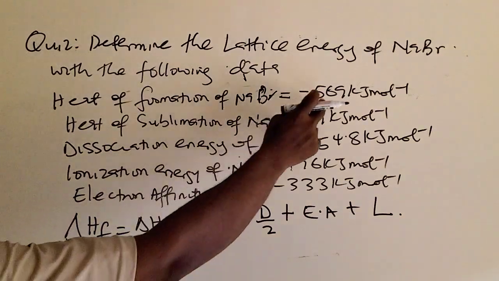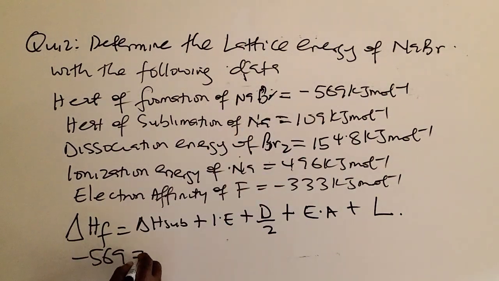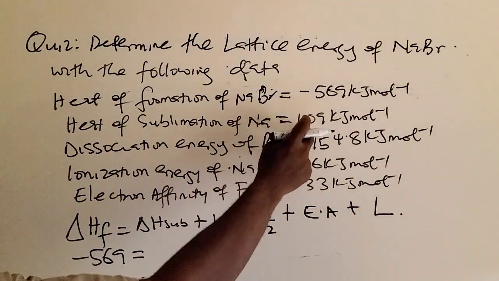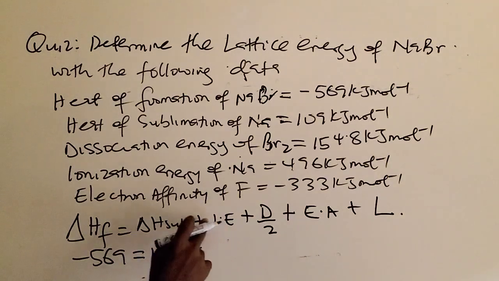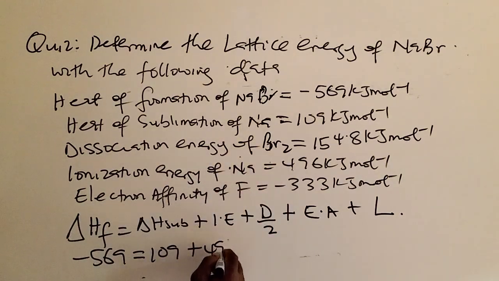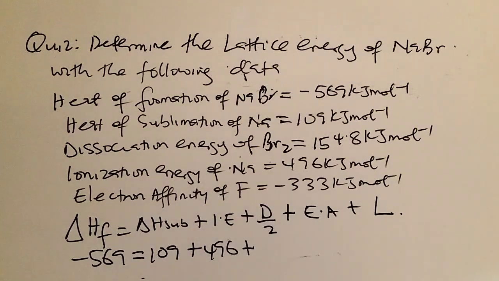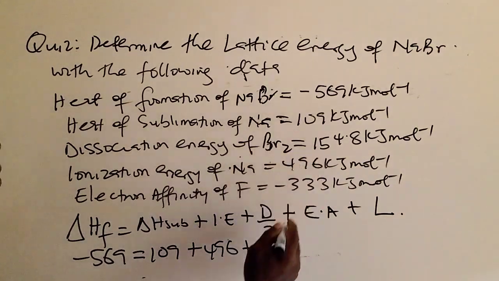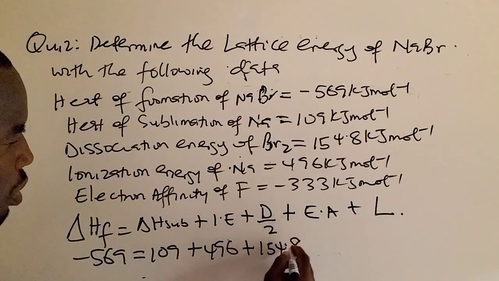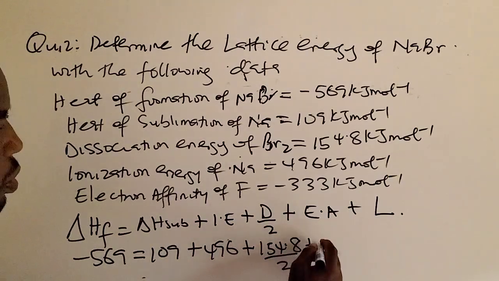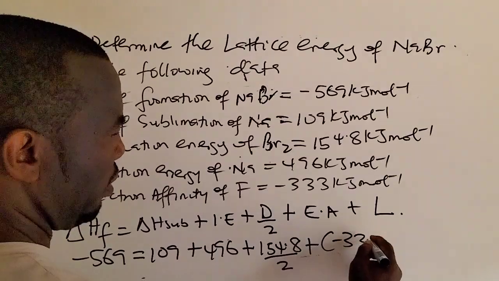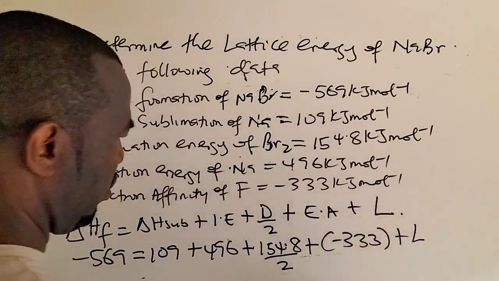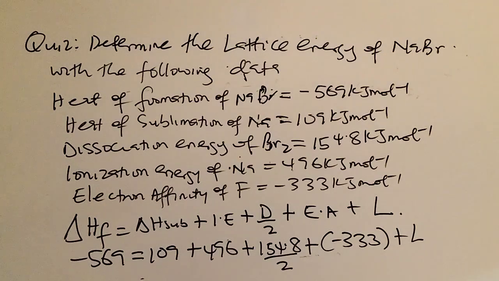The enthalpy of formation is minus 569. The enthalpy of sublimation of sodium is 109. The ionization energy of sodium is 496. The dissociation energy is 154.8, because it is the molecule, divided by 2, plus electron affinity, minus 333, then plus L.